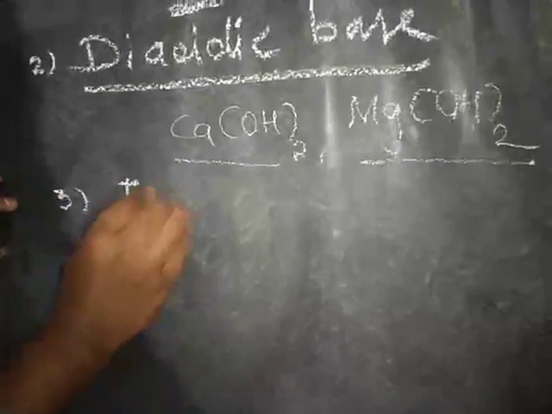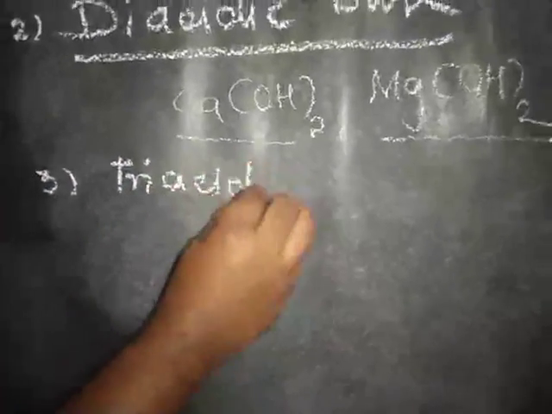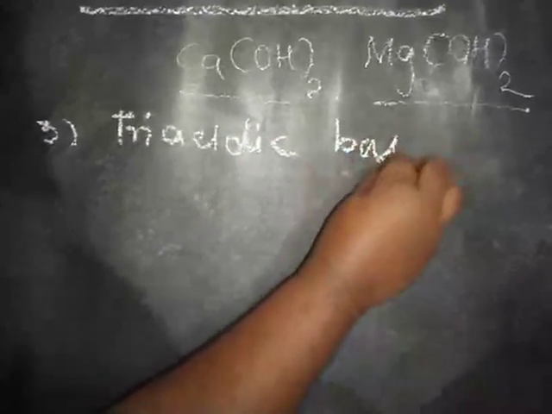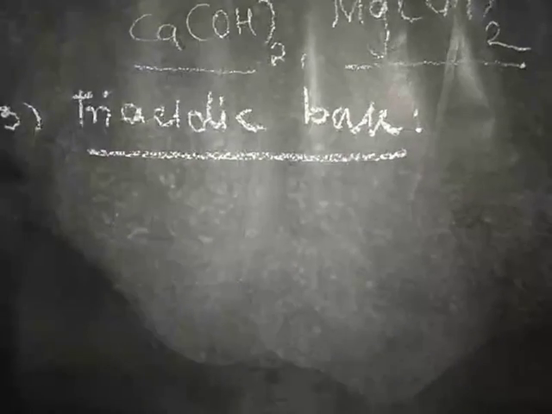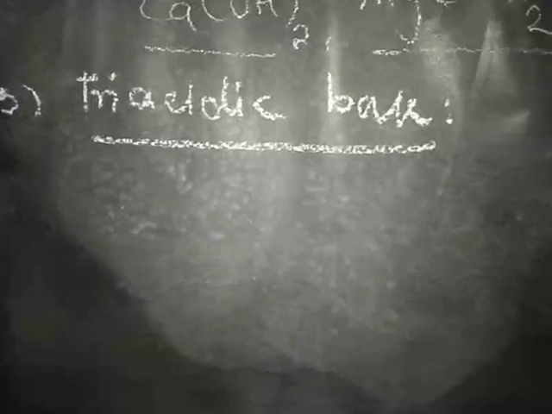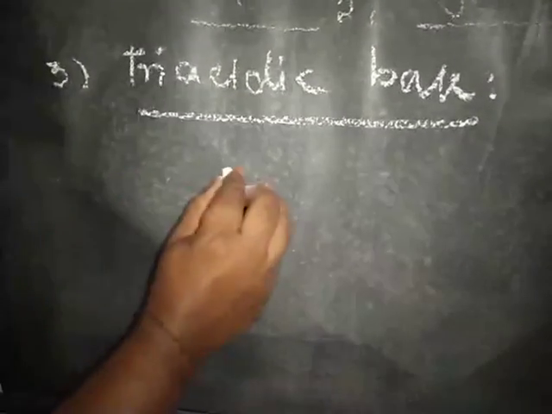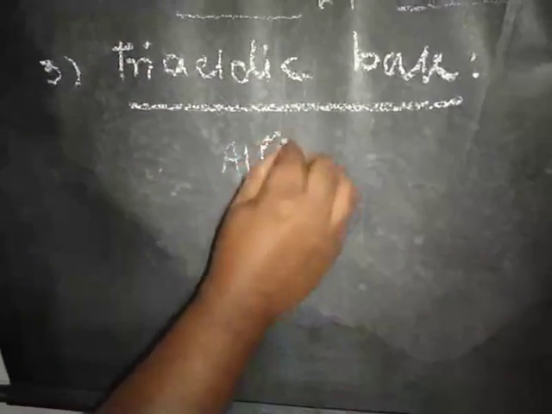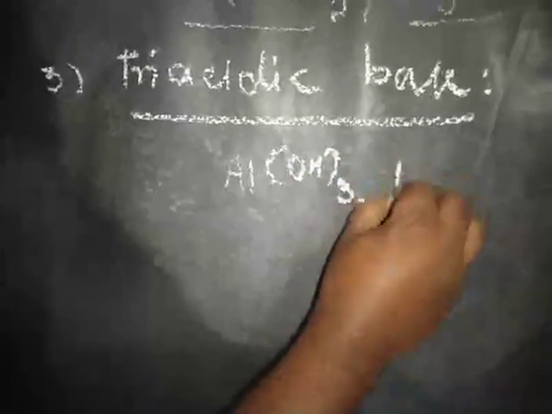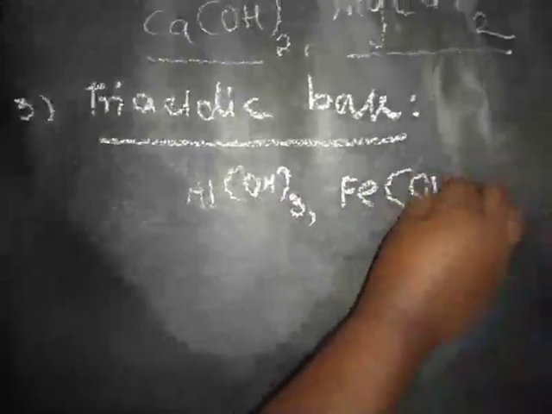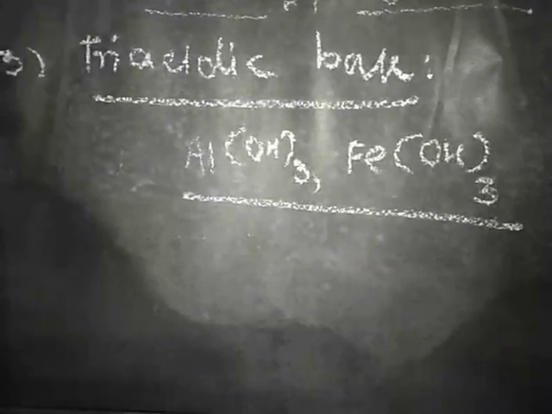Next one, triacidic base. It is the base that ionizes in water to give 3 hydroxide ions per molecule. For example, aluminum hydroxide, and the same way, ferric hydroxide.